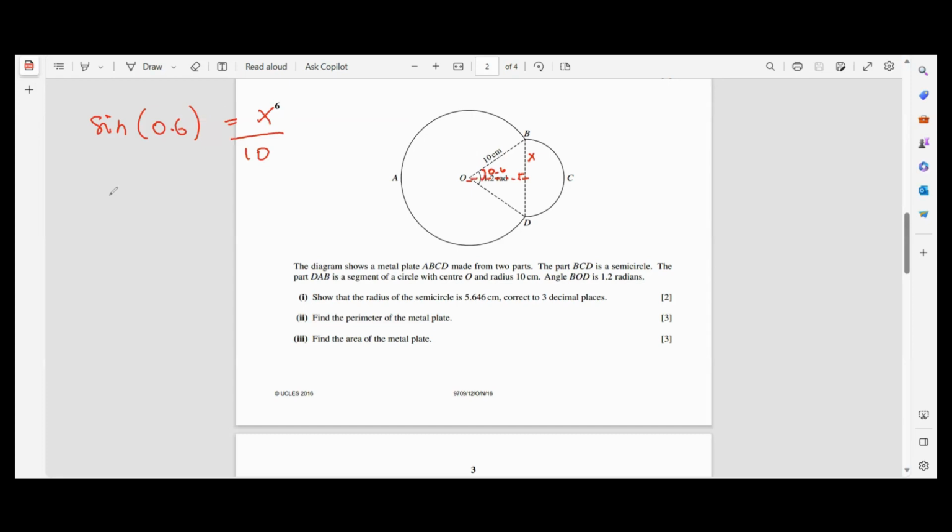So sine 0.6 is 0.565. Then cross multiply, we got x times 10, 5.65, or you can round it.